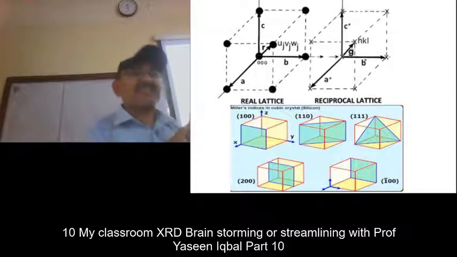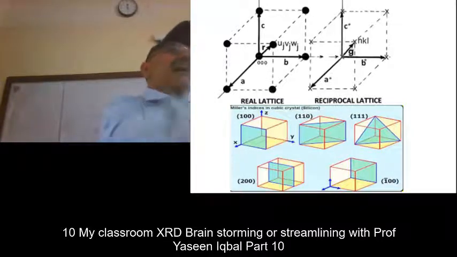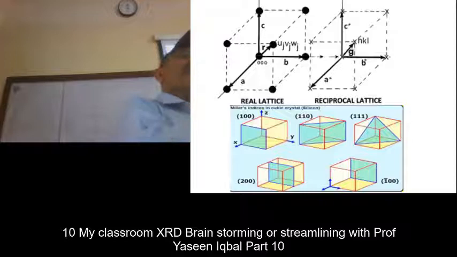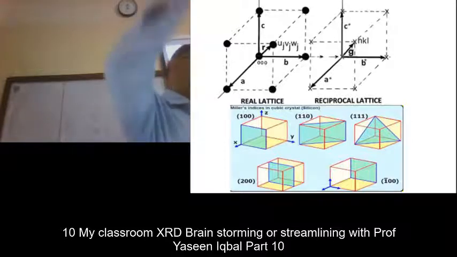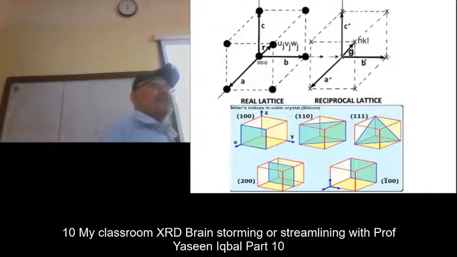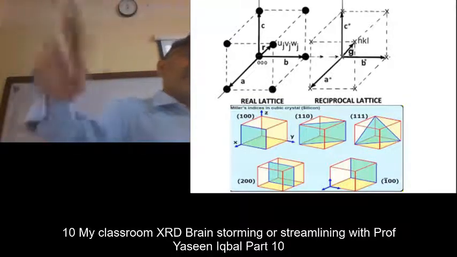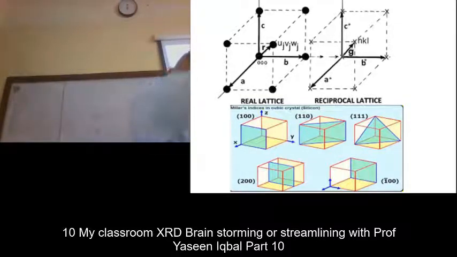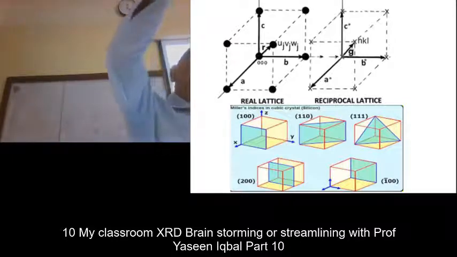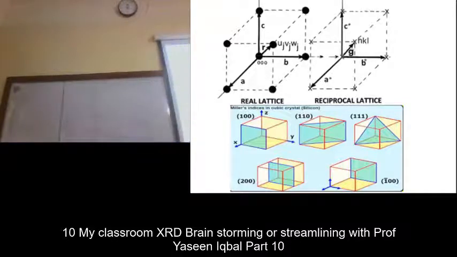100 intersects the x-axis at 1a and is parallel to the y and z axes. Then 110 intersects x and y axes at 1, and is parallel to the z-axis. Right? This is x and this is y.